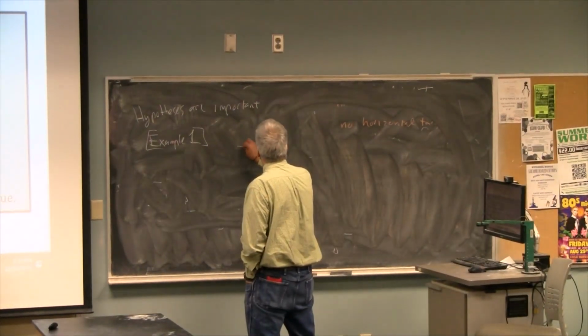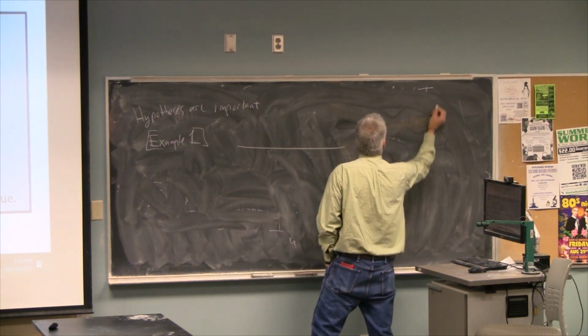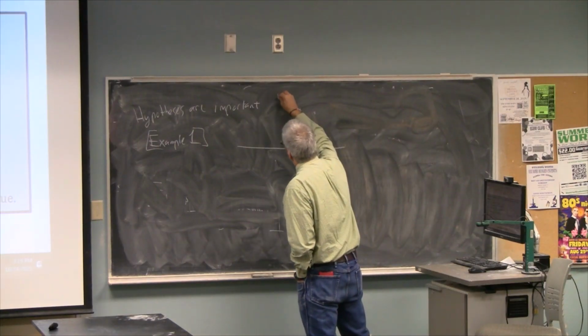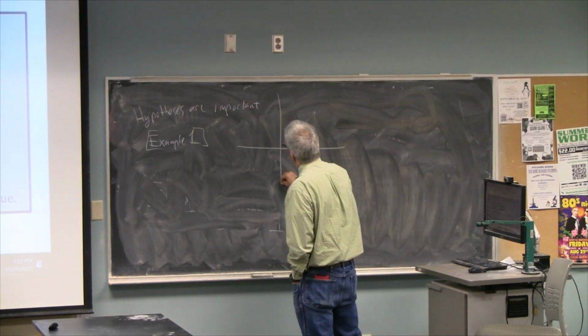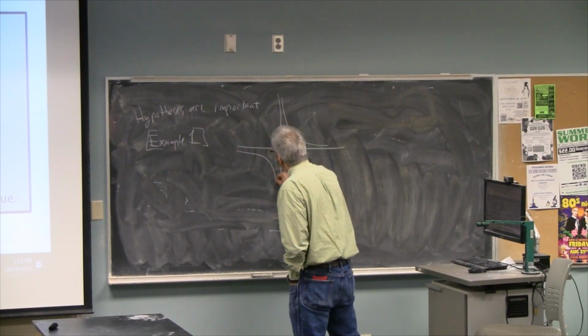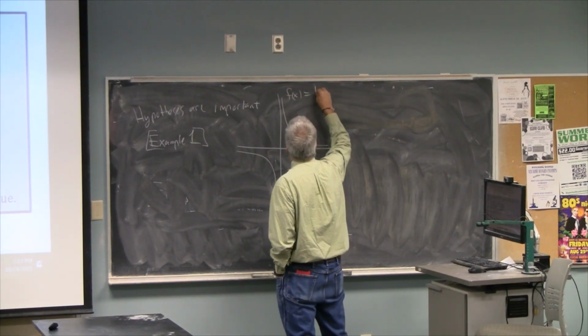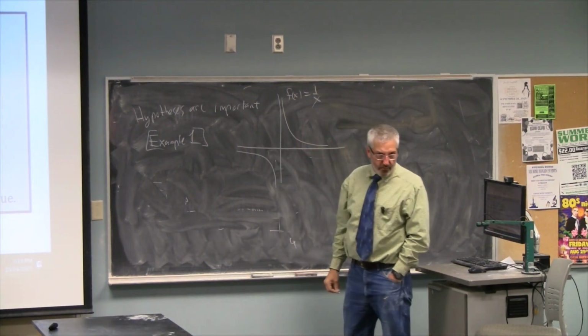So here's an example. f of x equals 1 over x.